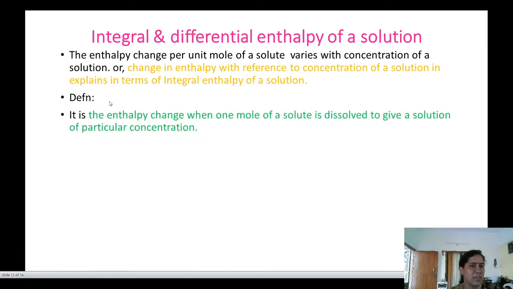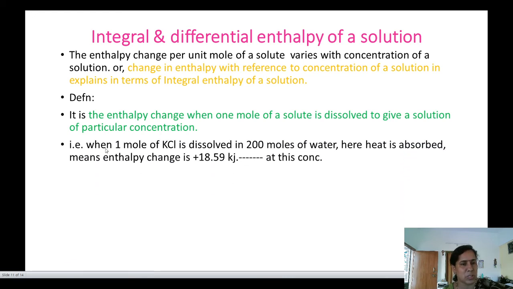The definition of integral enthalpy of solution is the enthalpy change when 1 mole of a solute is dissolved to give a solution of a particular concentration. That is called the integral enthalpy of solution.